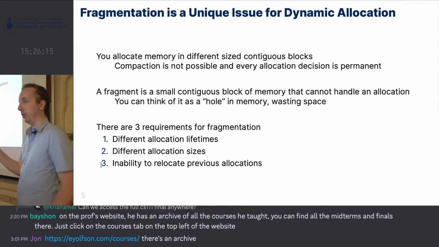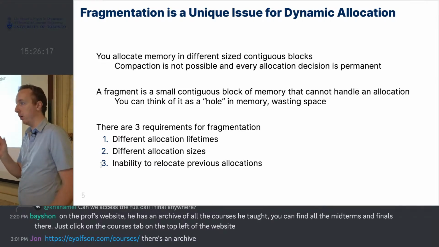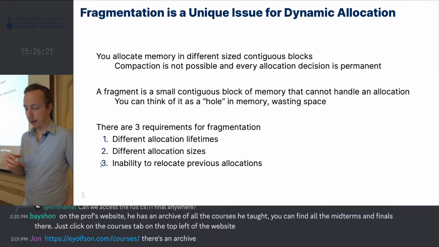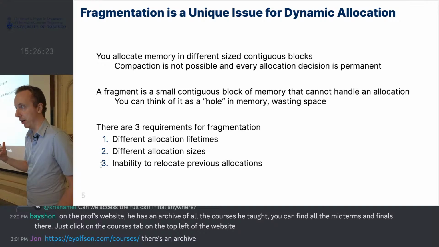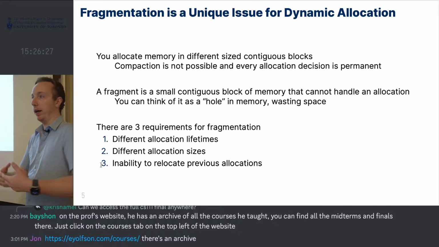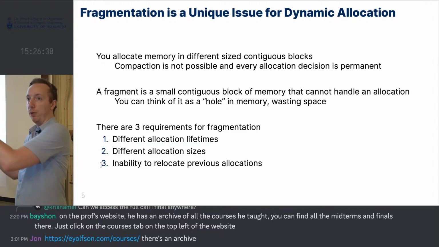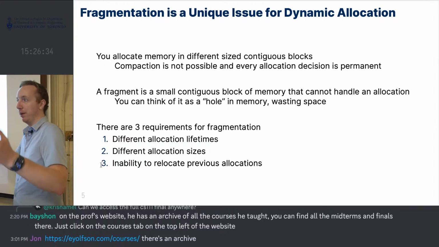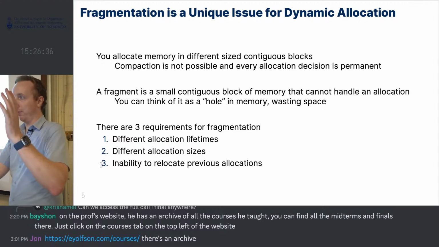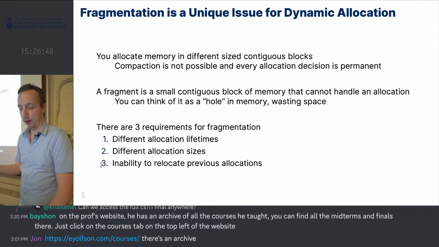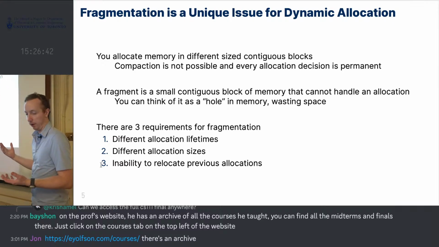So that means I can't just move memory around to make it all contiguous. I can't change addresses or anything like that. And essentially all my decisions are permanent. If my decisions were not permanent, and let's say I just had a bunch of holes of memory, well, I could just stop the program and move them all together, just shift them all over, fill in all those holes until I have no gaps, and then I don't have any fragmentation anymore.